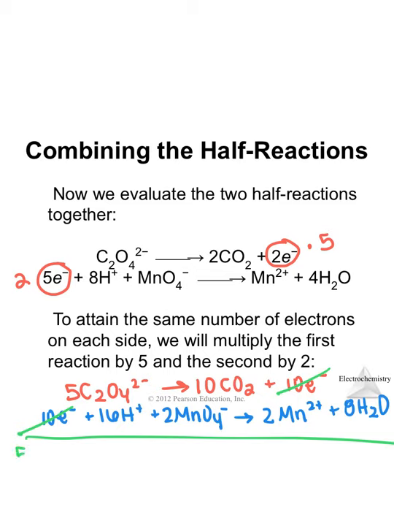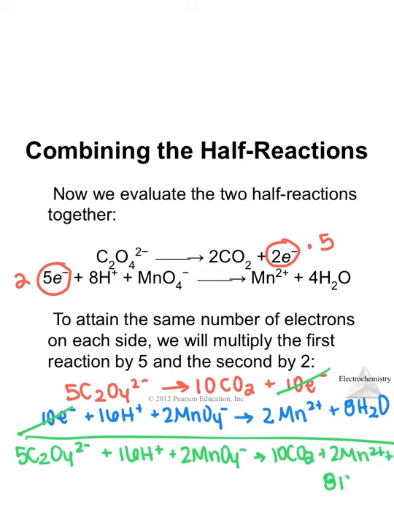So my balanced equation is 5 C2O4 2 minus, 16 H plus, 2 MnO4 minus, 10 CO2, 2 Mn 2 plus, and 8 H2Os. So this oxidation reduction reaction ends up being a very long reaction when it's balanced.